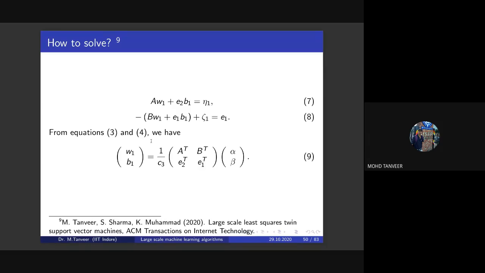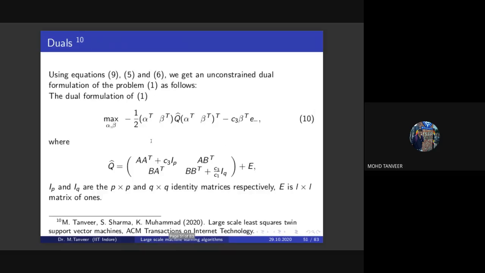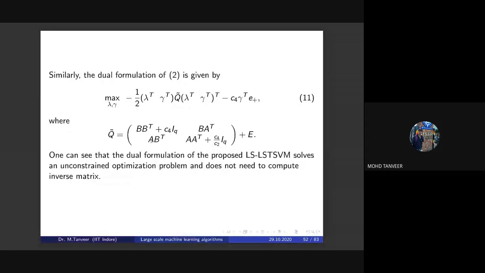You can see in 9 that there is no issue of invertibility. The invertibility issues automatically resolve with the way of solving this problem. The dual formulation comes up in this form, where Q cap is this matrix, and in this matrix also there is no issue of invertibility.